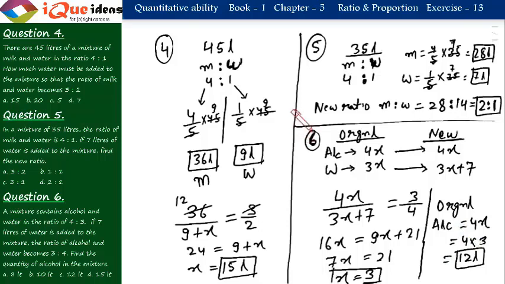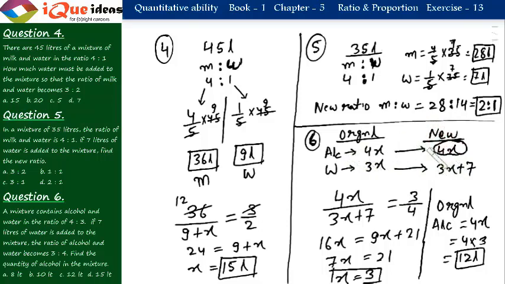Alright, so this is one very beautiful question that we just did. I repeat. The original ratio is given as 4:3, so let's assume the quantities to be 4x and 3x. Do not worry about the final ratio. Now in the new case, the alcohol remains unchanged, so it will remain 4x. The water will have 7 liters added, so the original quantity 3x becomes 3x plus 7.